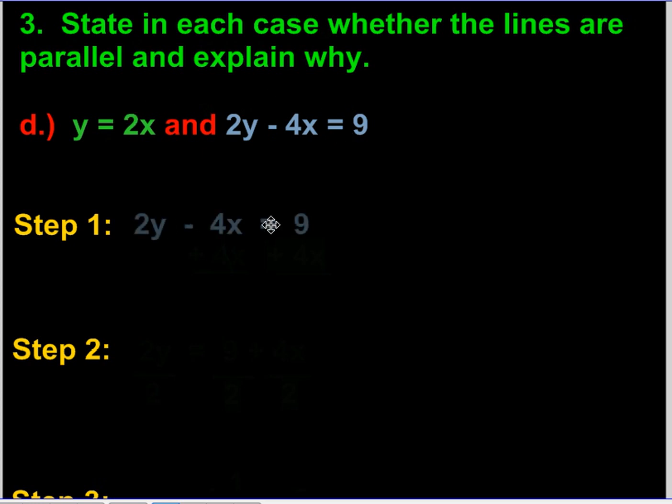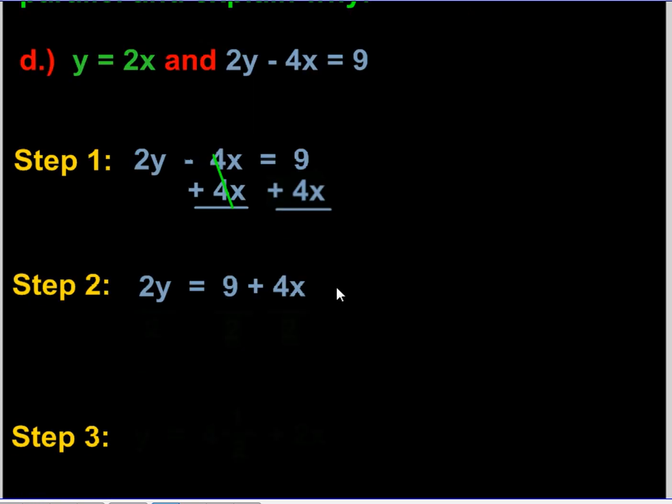So the first thing we want to do is bring this down. And in our attempt to isolate y, I think it might be smart to first get rid of the 4x. And if we do that on this side, we have to do that on this side. But again, we can't add 9 and 4 because 4 has an x and 9 does not. So really this is just going to shift over to this side. So we have our 2y equals 9 plus 4x.